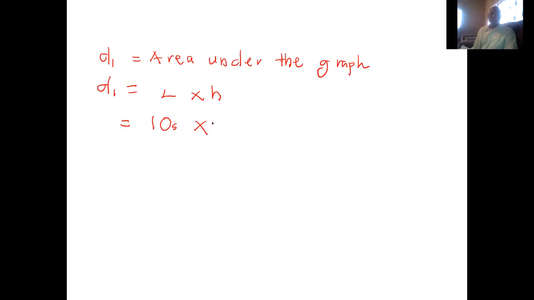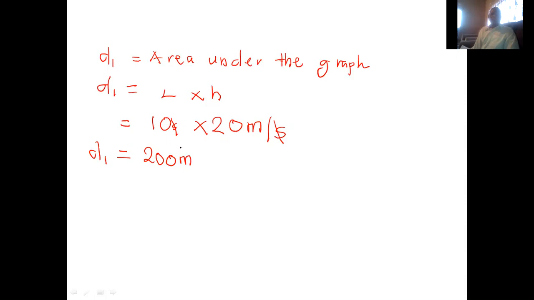You notice that this second and this second are going to cancel, and we are going to have 200 meters when you multiply 10 times 20. That's why the seconds cancel out, and that's why we say the area under the graph gives you the distance traveled.